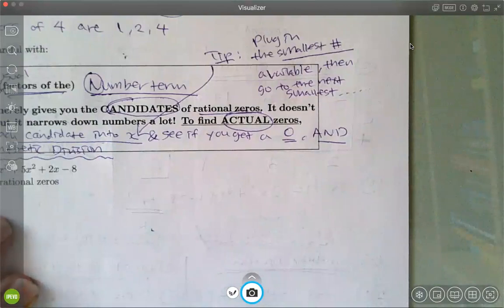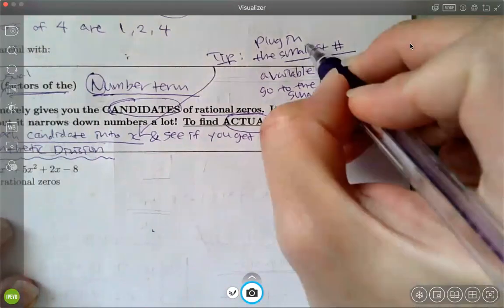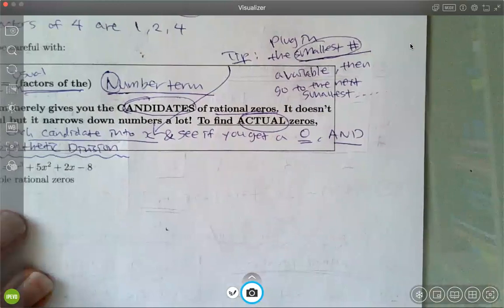So start from 1, then maybe 2, then maybe -1, and so on. Start from the smallest number and go to the next smallest. That's my recommendation when you check each candidate.